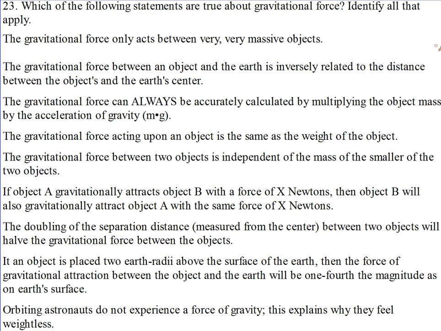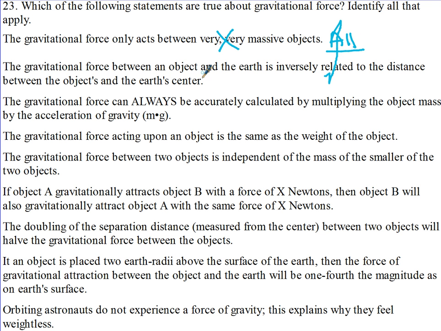Okay, which of the following statements are true about gravity? What I'm going to do is highlight the ones that are true and X out the ones that are wrong. Okay, gravity only acts between very, very massive objects. Well, no, it acts between all objects, not just massive ones.